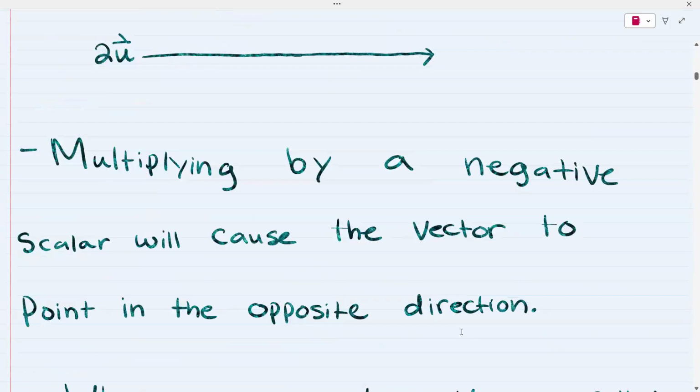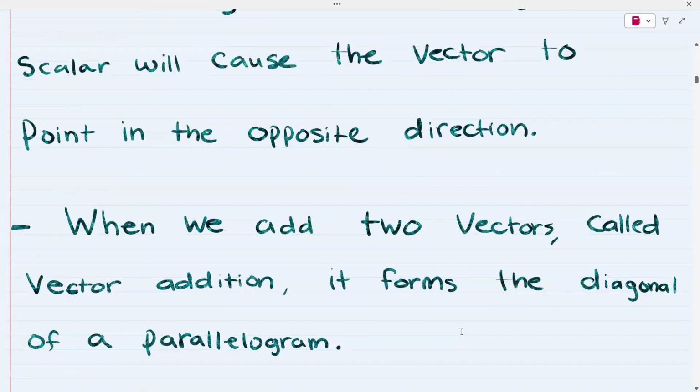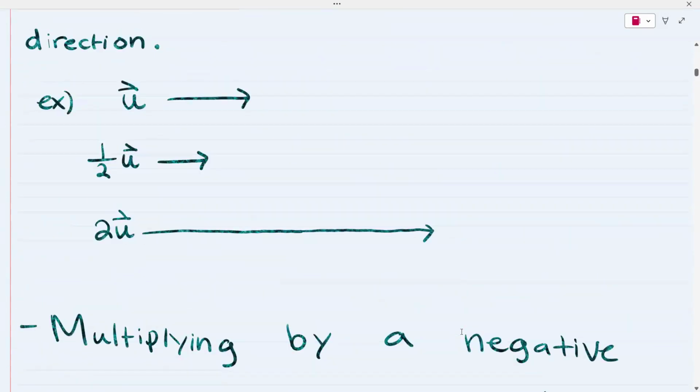Multiplying by a negative scalar will cause a vector to point in the opposite direction. For example, if you multiply vector u by negative 2, it's going to go in the opposite direction.